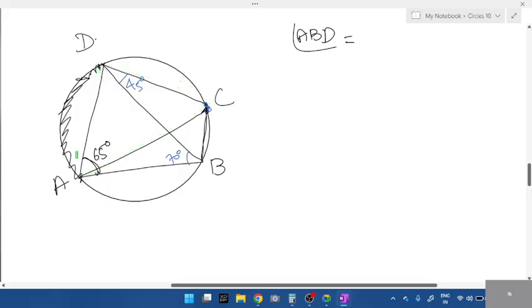ACD, right? Yes, ACD. ACD is how much? 70 degrees. Yes, but ACD is not required in order to find... ACD is 70. Then what else is given?